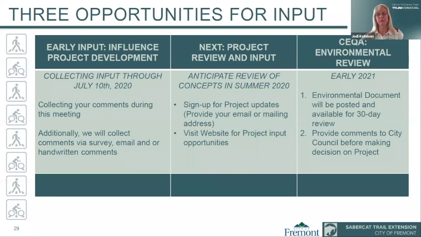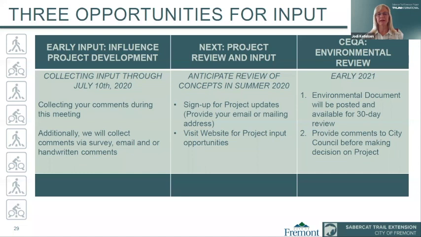That doesn't mean that's the limit of providing your comments, but at July 10th, we'll be gathering those survey comments and looking through them to see if we start to see common themes and issues that we want to respond to. And we will respond to all of them, of course, but just to make sure we get your input and have kind of a deadline more or less. So that's two weeks from today. But you can also provide, of course, emails and or written comments.